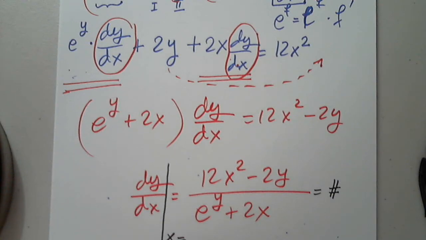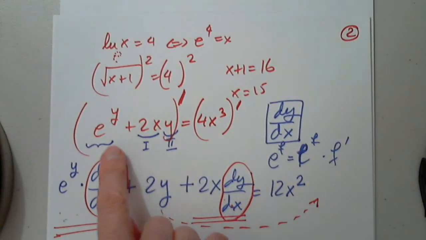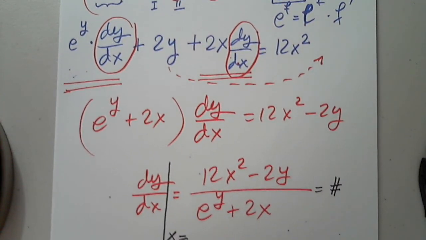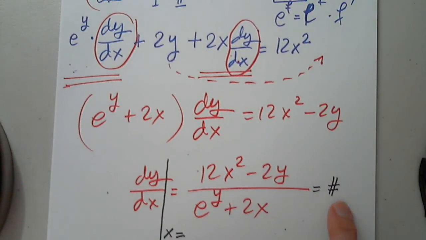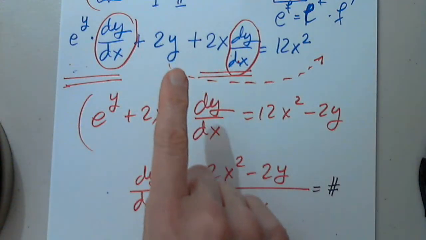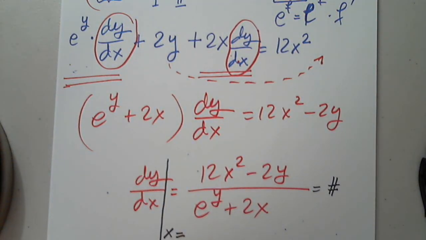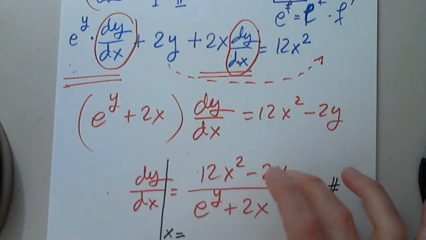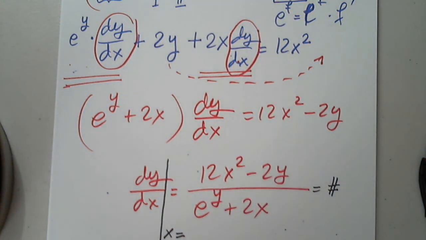I cannot solve this equation for y, but if you give me a point on the equation, I can give you the rate of change, whatever it is, when x is this and y is that. So it's still a huge leap forward, although I cannot determine this explicitly because I don't have y. This is how implicit differentiation works.